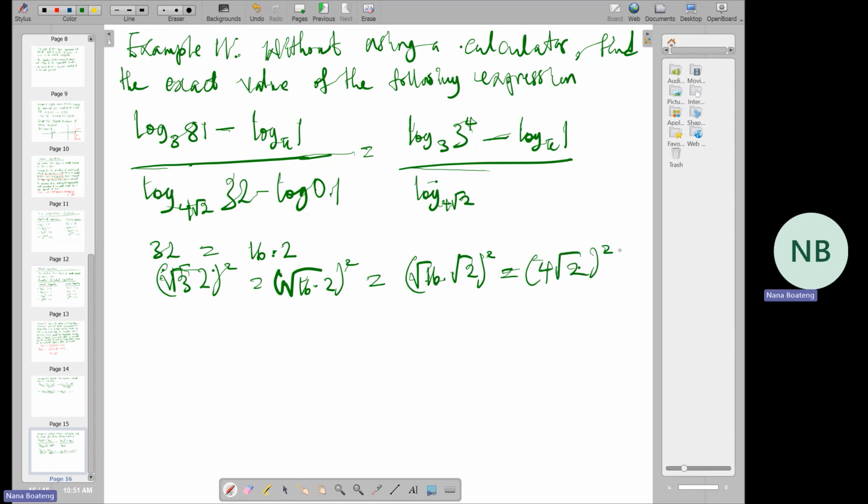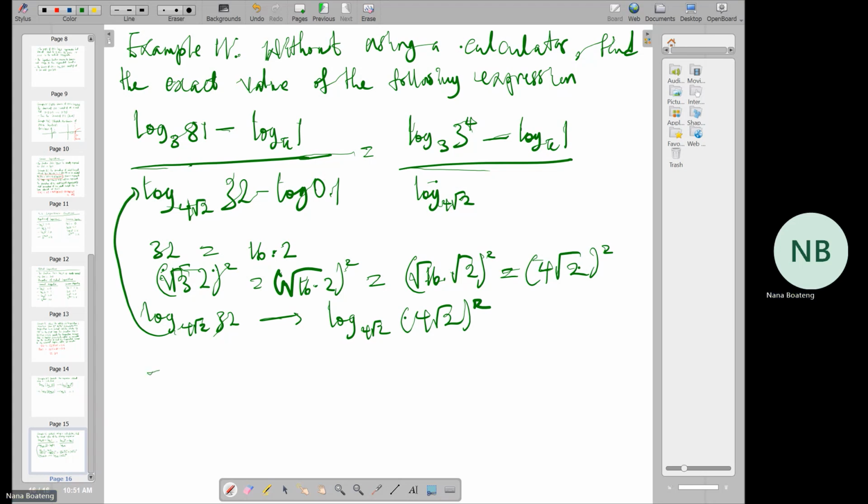So we can write log of 4 root 2 of 32 as log to the 4 root 2, and 32 is the same as 4 square root of 2 squared. All right, so if we substitute this in here, we have 4 log to the base 3, and log to any base of 1 is 0.